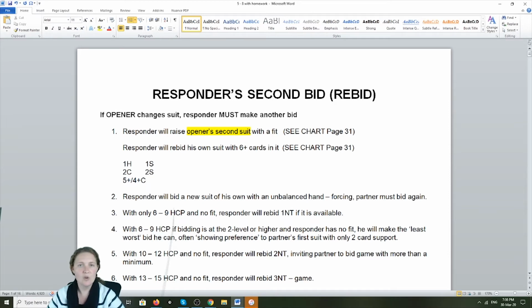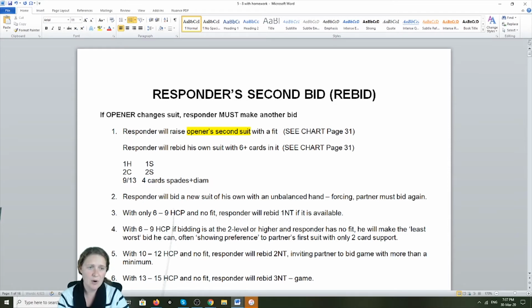Our partner has already told us that they've got 9 out of the available 13 cards that they hold in hearts and in clubs, and this is a minimum. Or to think about that, if they've got 9 out of 13 cards that live between hearts and clubs, that's only 4 cards that they've got left between spades and diamonds.